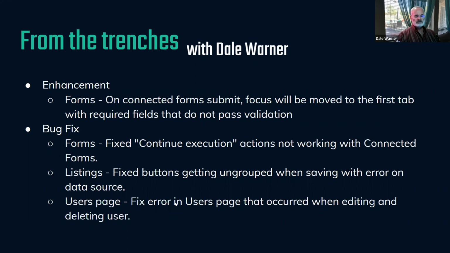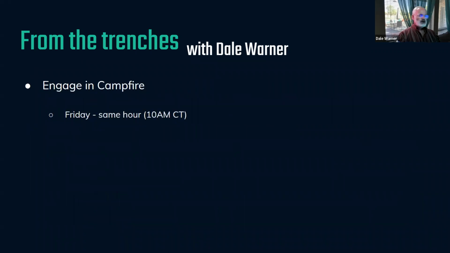When we found that, and that was reported to us, it was fixed quickly. And then there was a minor error in the users page when you were editing and deleting users that we fixed as well. So a few bug fixes, and if you're encountering any of those, we encourage you to install these hotfixes from our hotfixes page.